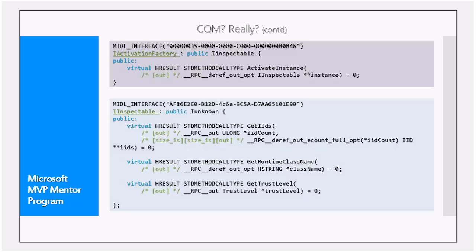There are a couple of new interfaces that we can find in WinRT. The main one is IInspectable. As you can see, there's a link there. The IInspectable interface, every single component, which is a WinRT component, implements IInspectable, right?